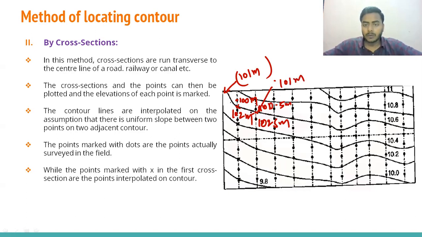Now we will do it continuously. After marking these points, we can draw a line through that elevation, the same elevation of 101 meter. This we can call a contour line. Similarly, we can draw different contour lines with different elevations.